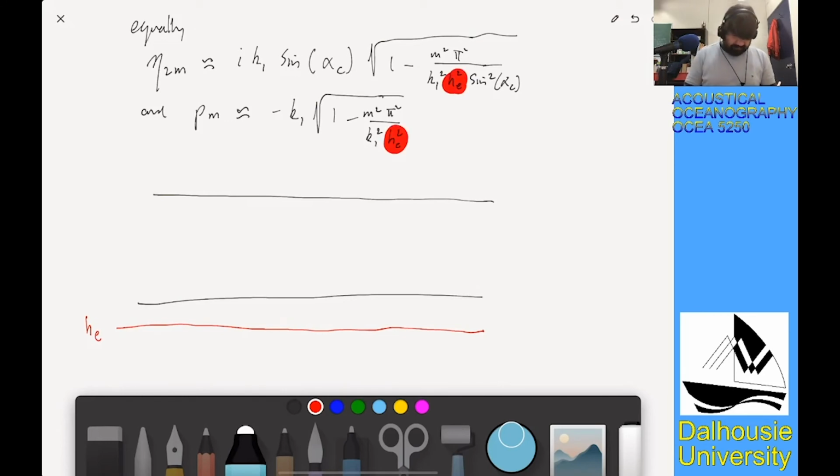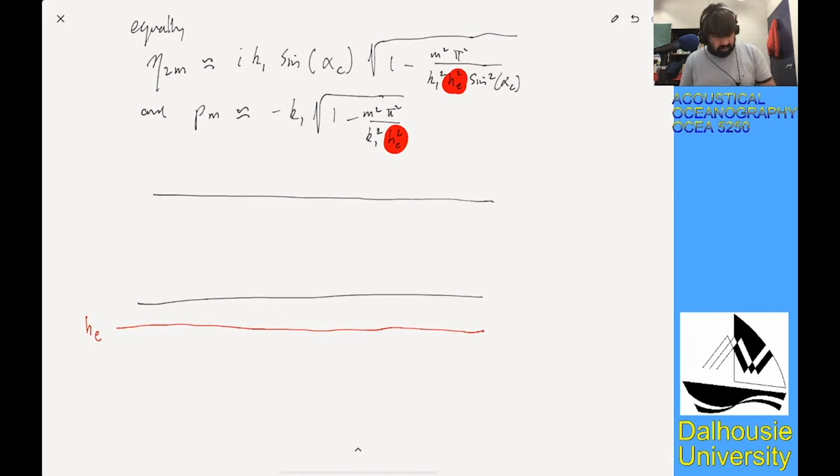So here's the true depth. Here's the effective depth. And let's just take a step back and think, okay, we know that the solution's modes. We have this theorem of residues that allows us to sum over a bunch of modes. We know they're somewhere in the complex plane. We have to do all this work to actually figure out where they are. But let's think intuitively what the answer looks like.